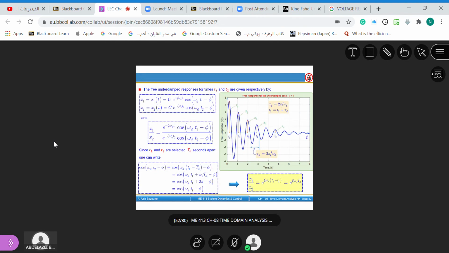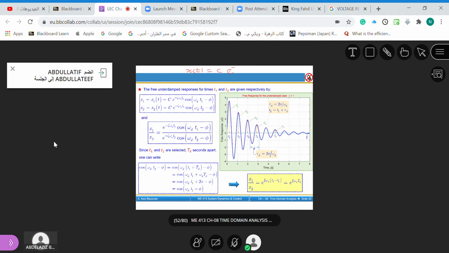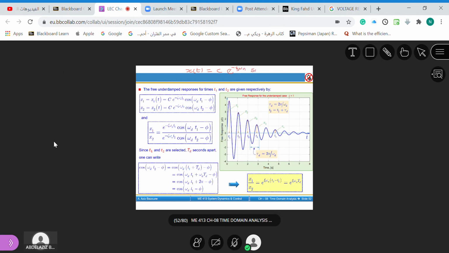So the equation for the response, Shabab, we wrote either in this form, or it can be written also in this form: x of t is equal to a constant times exponential minus zeta omega n t times sine omega d t plus phi. So either this or this we can apply.